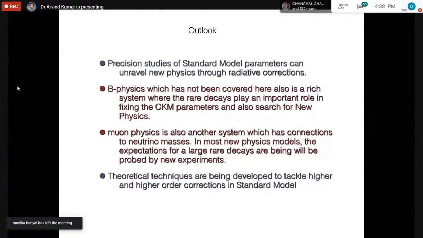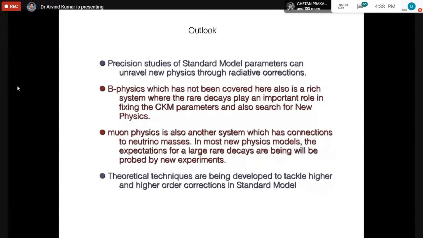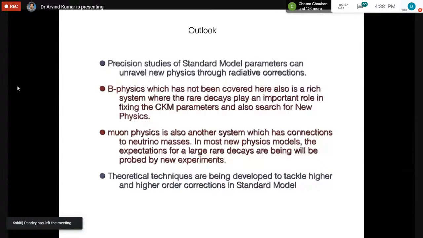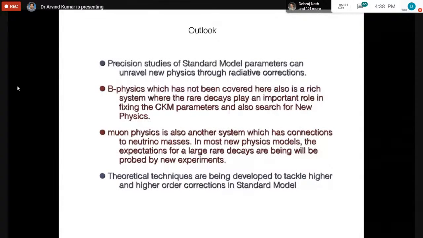Similarly, very interesting things can happen in muon physics, for example mu going to e gamma, where I have spent most of my time, especially because it has connections to models with neutrino masses. And in most of these new physics models, the expectations for these very, very rare decays are extremely large, and they can be probed by new experiments. The upcoming new experiments are at J-PARC, a facility in Japan, and another facility coming up at Fermilab.